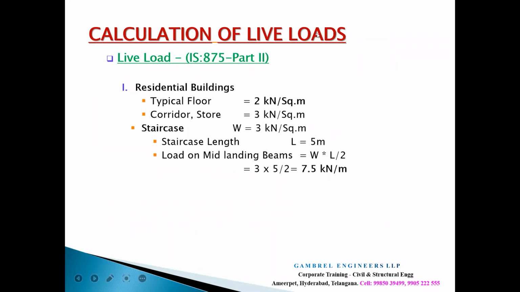Now for live loads, we straight away take live load as 2 kN per square meter for a typical floor. For corridors and the storeroom, you need to take 3.